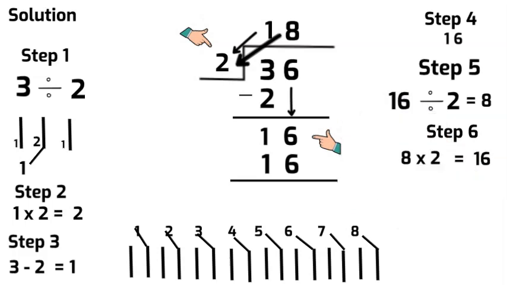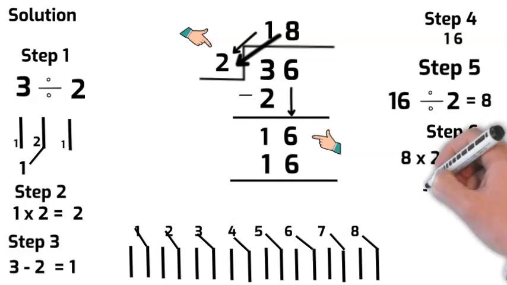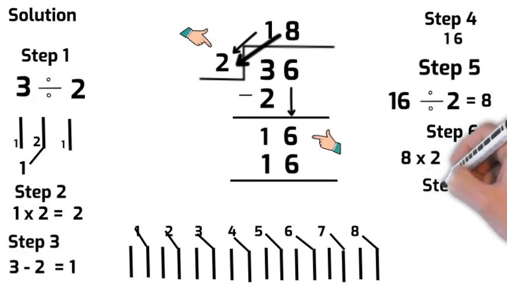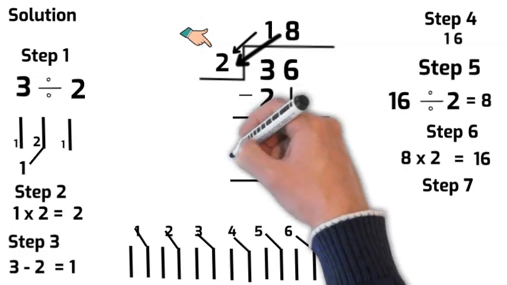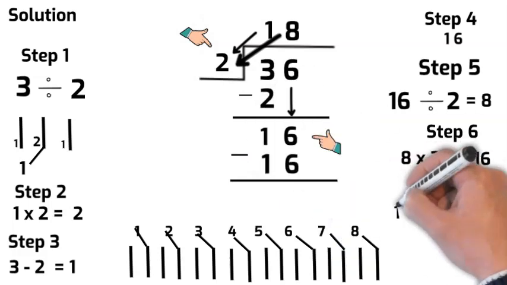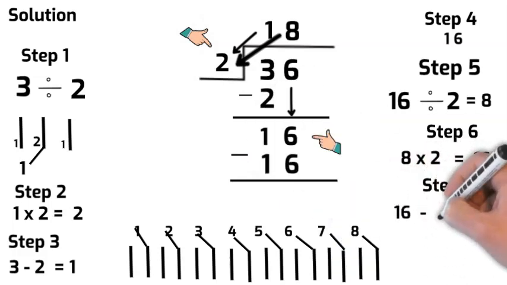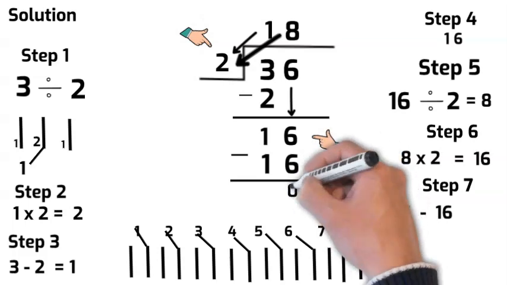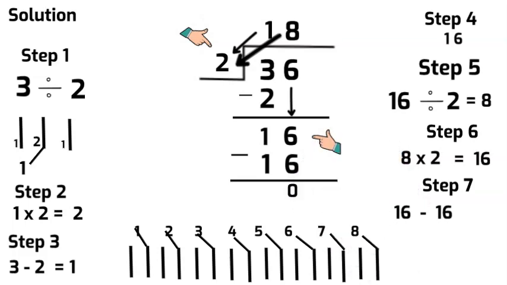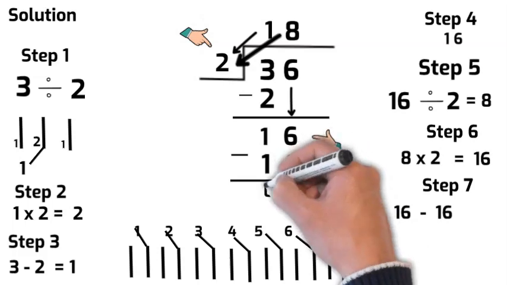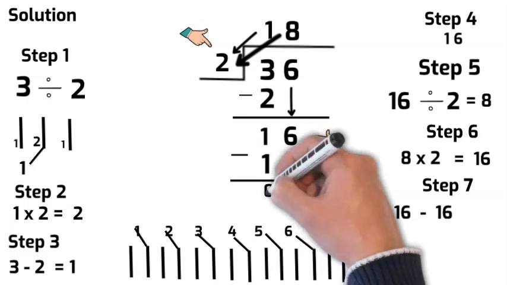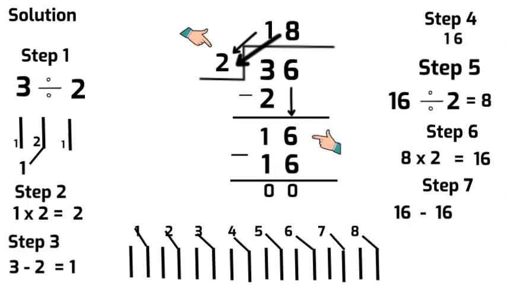We move to step 7. In step 7, we subtract 16 from 16. Now, 6 minus 6 is 0. 1 minus 1 is 0. 16 minus 16 is equal to 0.